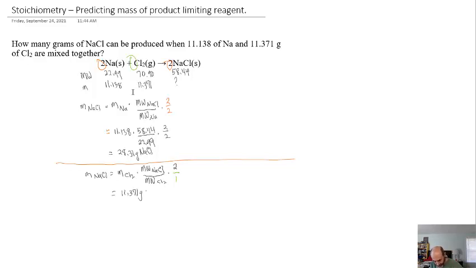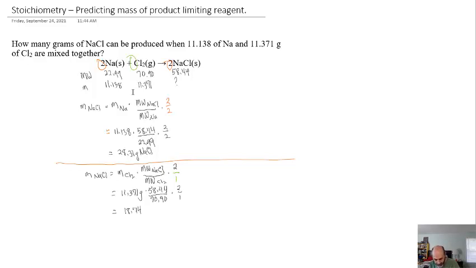The molecular weight of sodium chloride, as it says above, is 58.44, and then divide by the molecular weight of Cl2, which is 70.90, and then include the 2 over 1. Now we do the math for that, and we end up with 18.74.